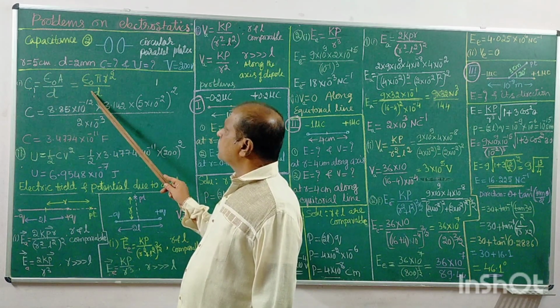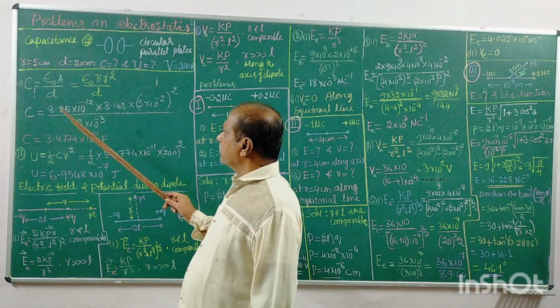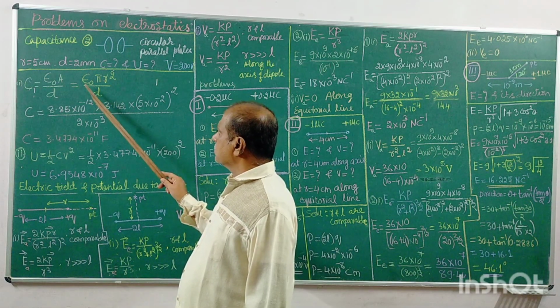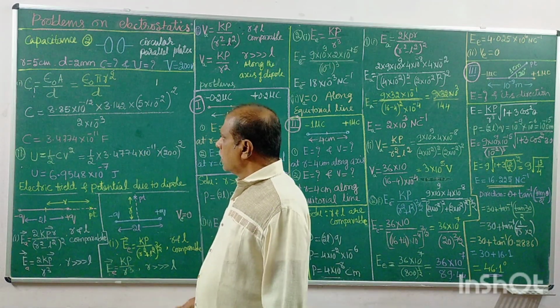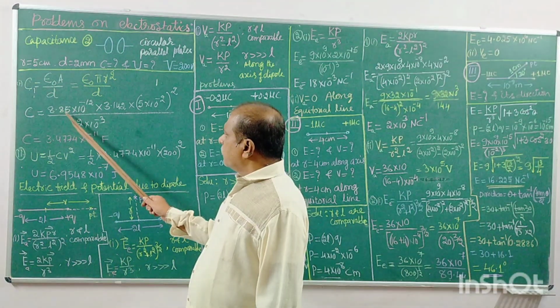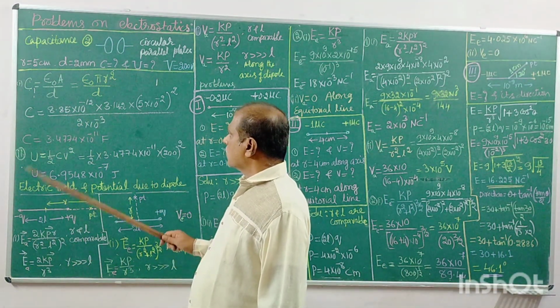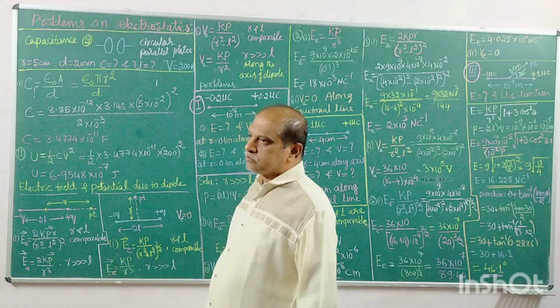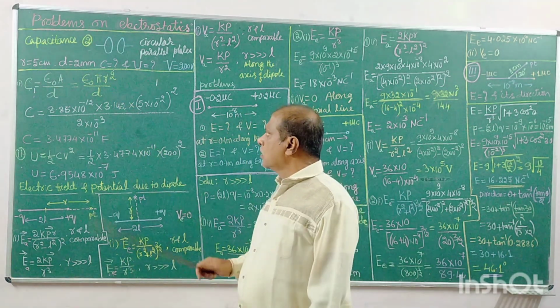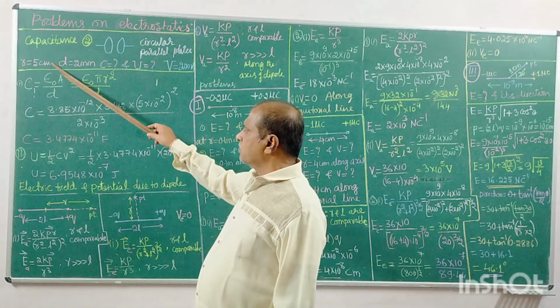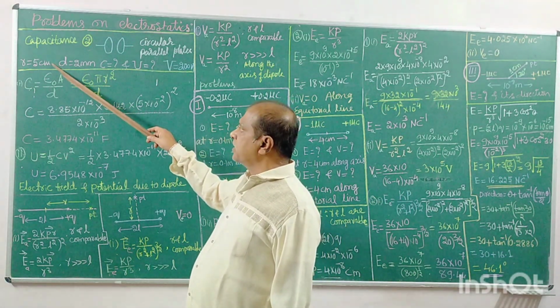You have to substitute for them and simplify. We know epsilon naught in SI unit; the value must be known. It is 8.85 into 10 to the power of minus 12 in SI unit. The value of pi is a constant, 3.142. The value of r is given in centimeter, so we have to write it in SI unit.